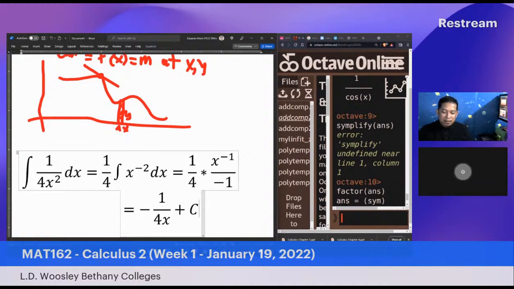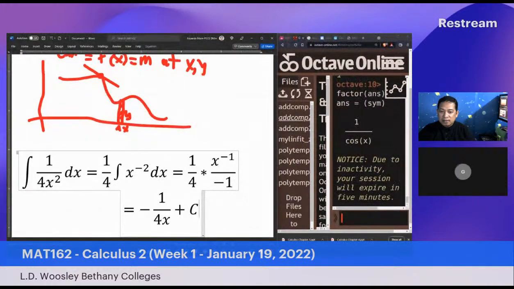Opo. Kala mali ako. Hindi, okay lang. And then ang rewrite mo dyan, 1 over 9, integral of x raised to negative 2. Okay po, sir. Okay, simplify mo na lang.